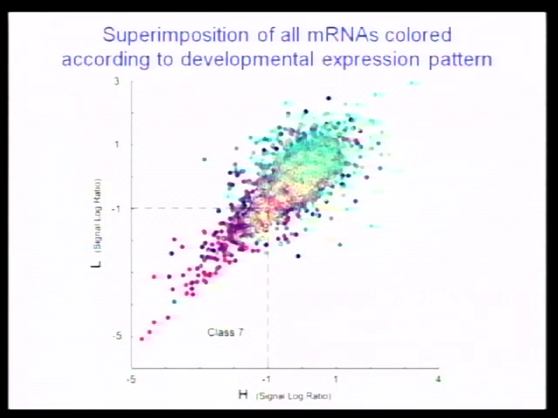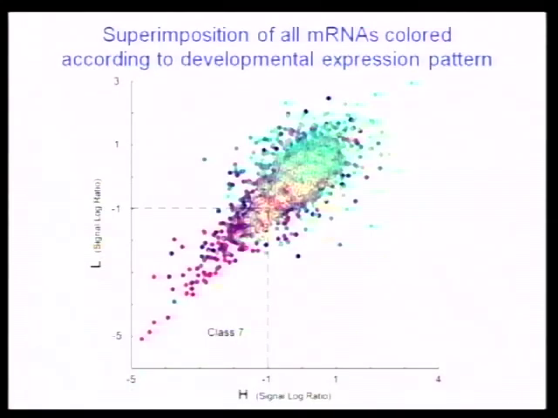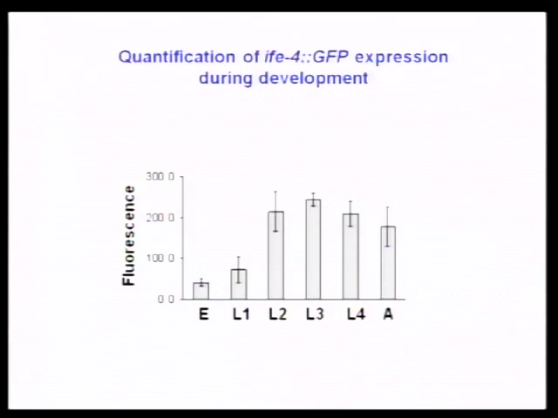So that means that messages most affected by eIF4 are the ones that have this developmental expression pattern. They peak at L4 and then they come down. So this, in fact, is where eIF4 peaks. So now we look at expression of the eIF4 protein itself. It peaks at L3 and then starts to come down. So this is at least part of the explanation for why those messages are affected primarily.